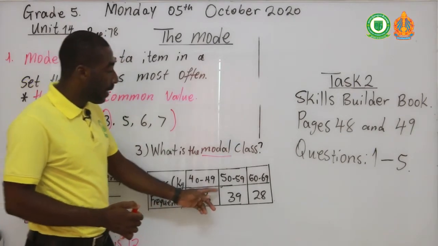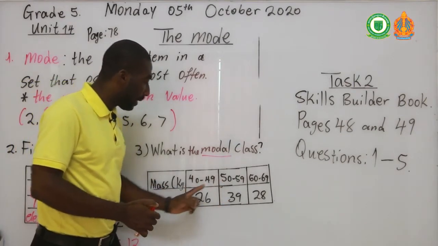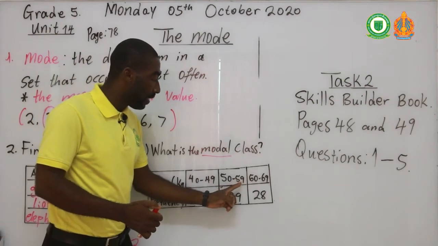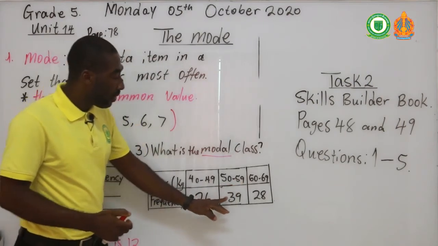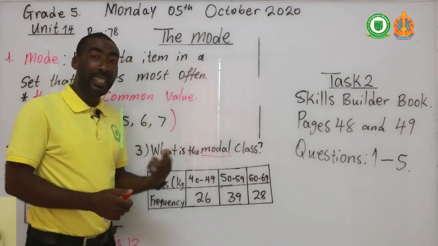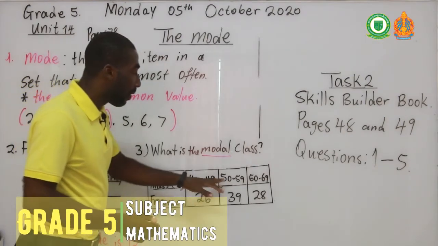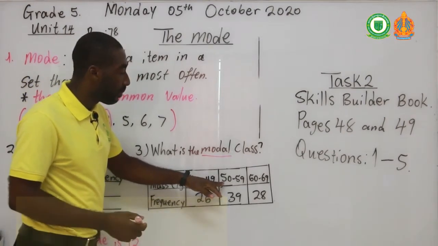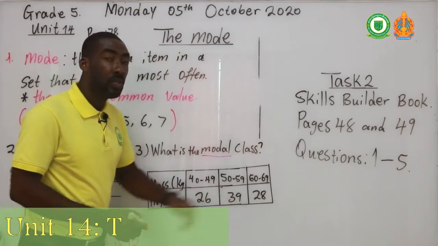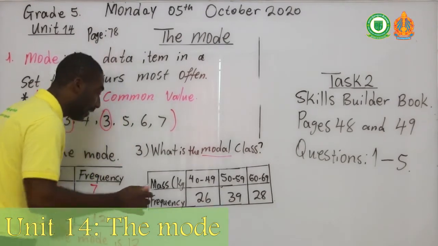So if you look at the mass between 50 and 59, it's recorded 39 times. That means our modal class becomes 50 to 59, okay?